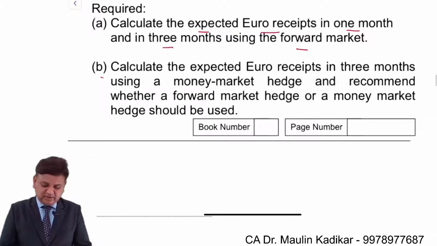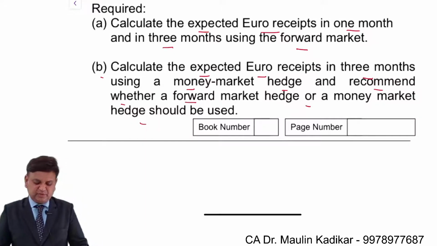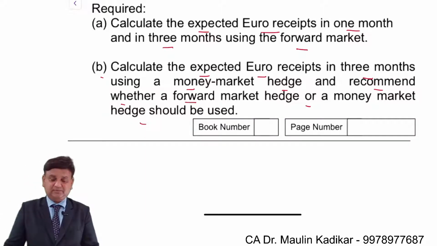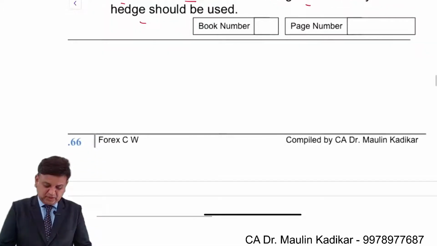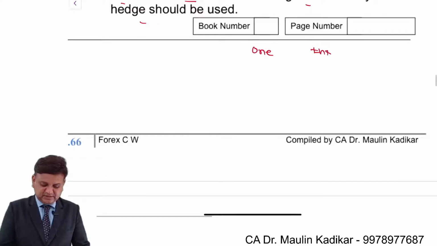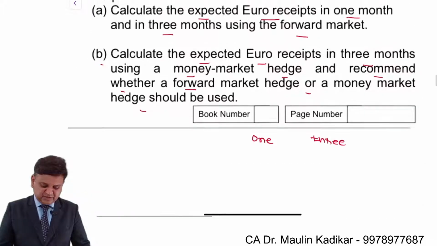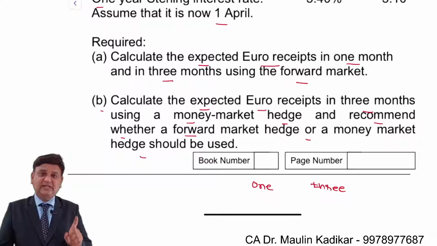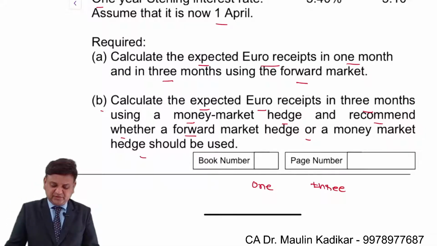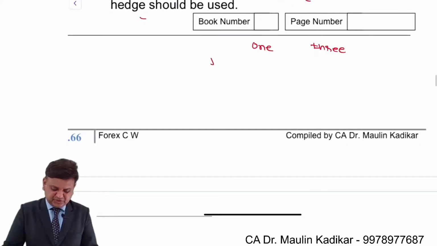B. Calculate the expected euro receipt in 3 months using a money market hedge and recommend whether the forward market hedge or money market hedge should be used. That is the question. So friends, for 1 month and for 3 months, calculate the expected euro receipt using forward market hedge.